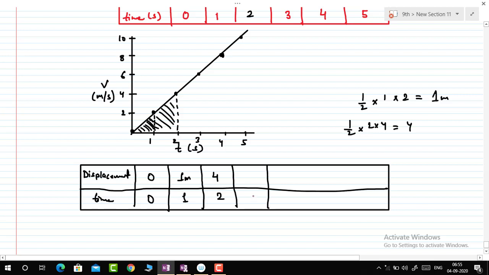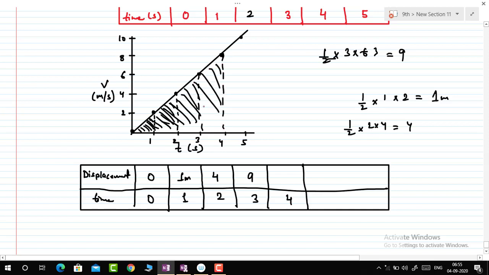For time equals to 3 seconds, again we will find this entire area. So this half, base is 3 and height is 6. So it comes to 9 meter. For time equals to 4, the area will be like this.